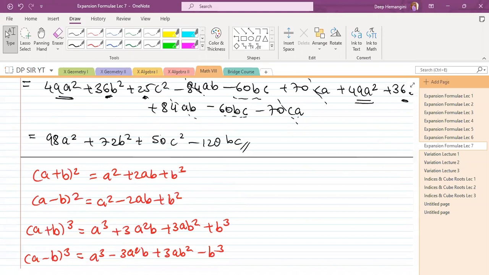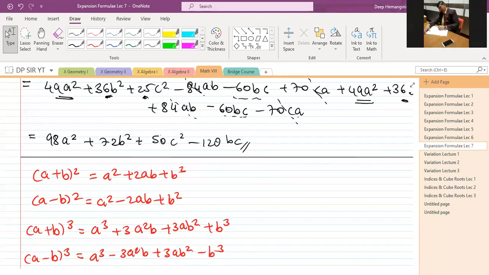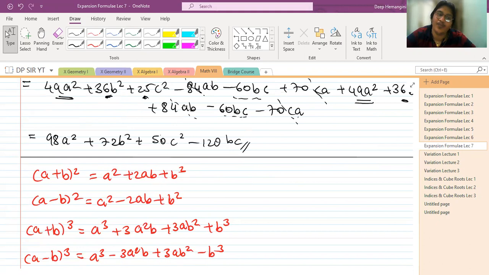And if you want, I have one practical sheet. Practical sheet in the sense, rather than prerequisite, I could say it would be a worksheet type of thing. Just give me a moment, I'll share that worksheet with you all.